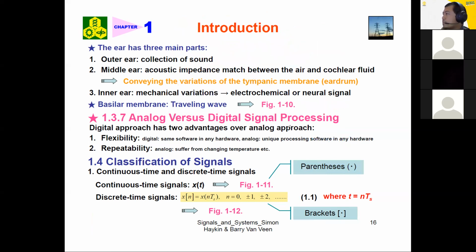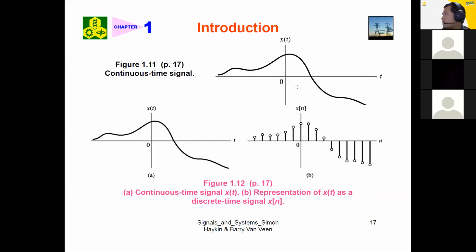Still very easy, I hope. This is the continuous x(t), and after taking a sampling with a certain period, we got this representation of the signal.